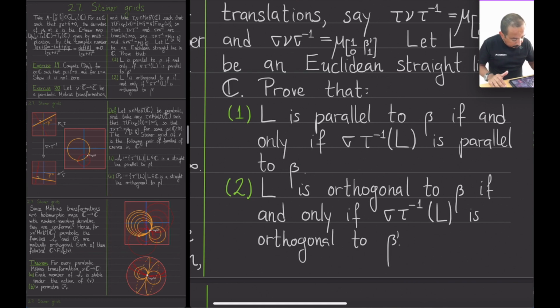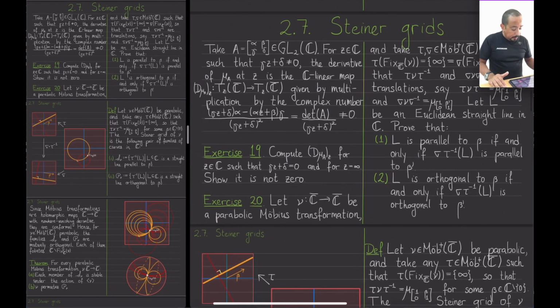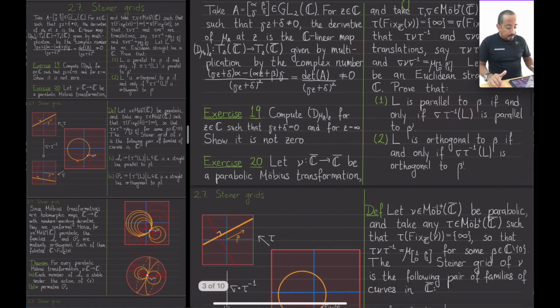So this composition, going back to the nu plane and then going to the sigma inverse plane, sends the direction of beta to the direction of beta prime, and similarly, the direction orthogonal to beta is mapped to the direction orthogonal to beta prime.